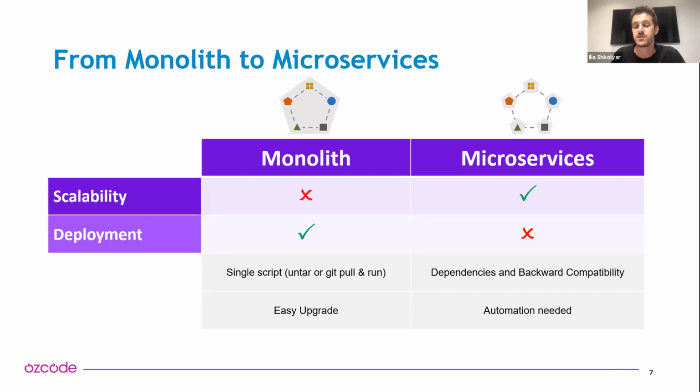You need to make sure that service B either is upgraded prior to service A and it knows the new format of the message, or basically be able to route your way between the two versions. Similarly, usually you need some kind of automation, whether it's some kind of CD provider that knows how to upgrade the services at the same time, or in some kind of order. So really the deployment of microservices is something a lot more complex in that way.